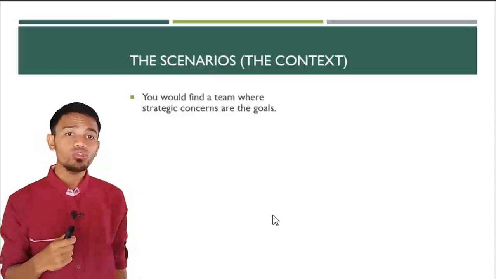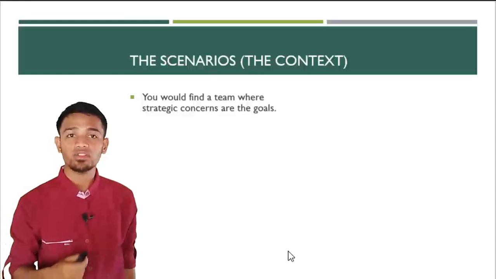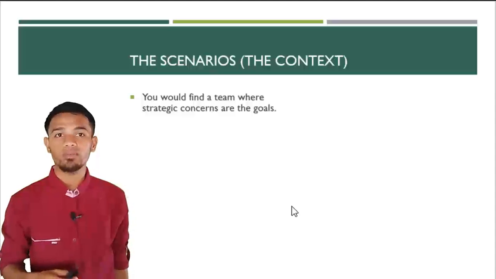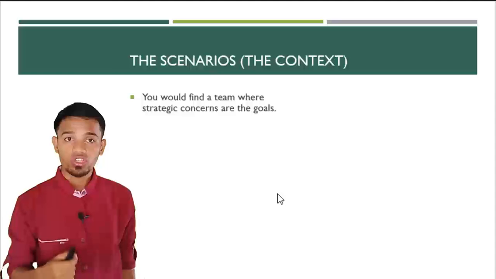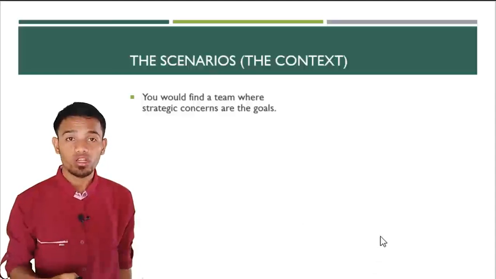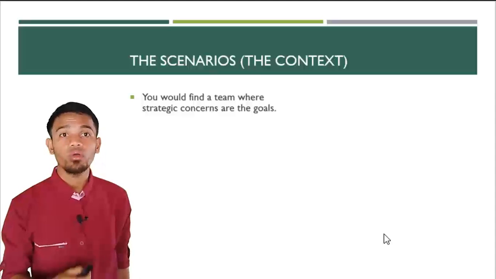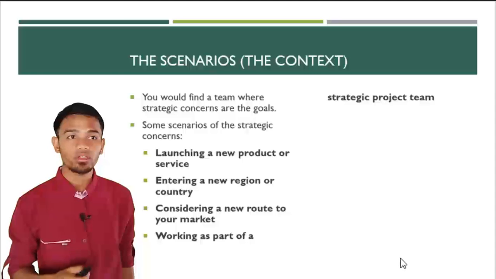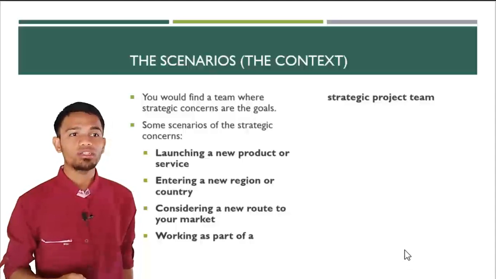When you face this kind of task, you need to understand the macro environment of your company or of your marketing department. So you will prepare a good strategy because you have an insight about the environment where you do your business and your marketing activity. Okay, now this is the scenario of the strategic concern.